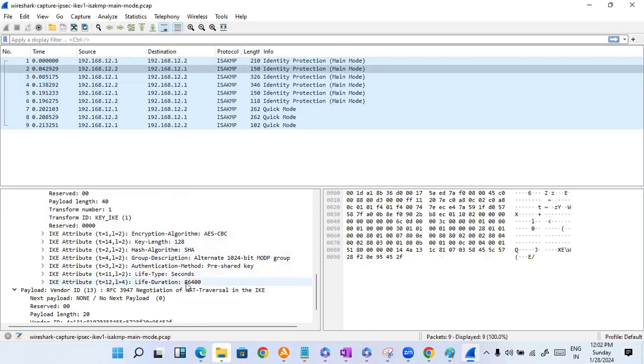There are five key terms you have to understand, because they will be common, shared for the encryption on both ends. This has AES encryption, SHA is the hashing value, and the group. This is main mode, and this is the authentication method, pre-shared, and lifetime.